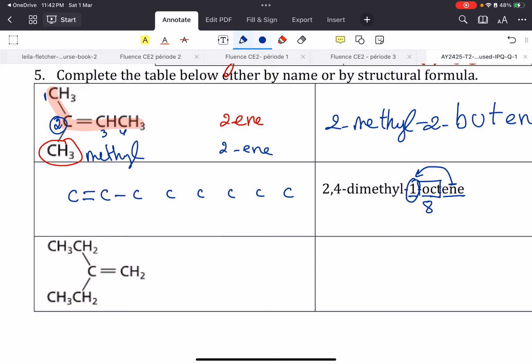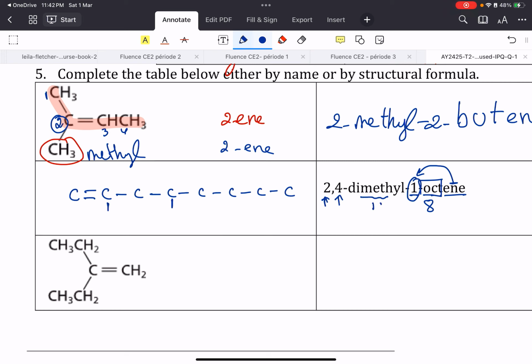So this is a double bond, and the rest of the bonds are single covalent bonds. Also on the second and on the fourth, on each one of them, I have a 1-carbon branch, because the name here is methyl.